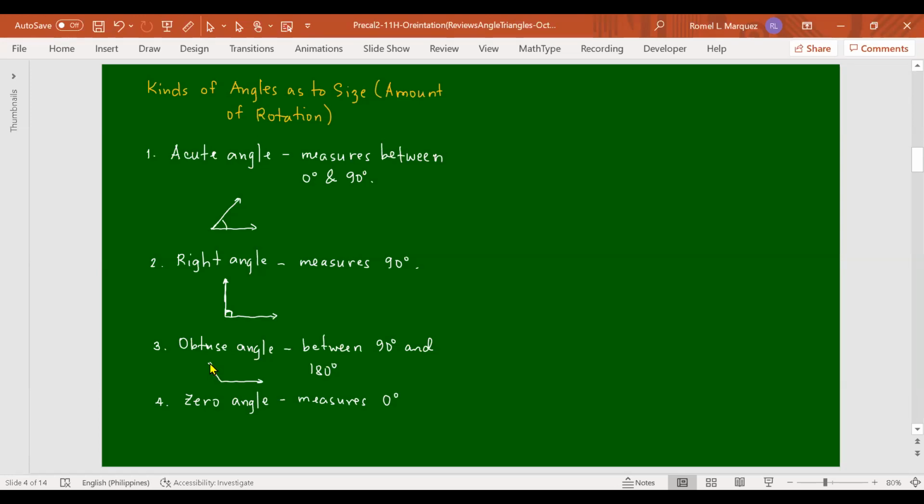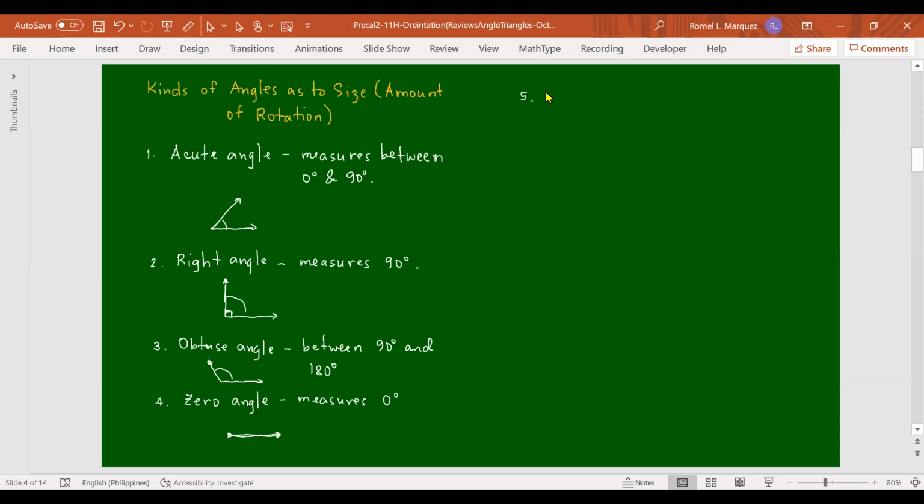So this is the obtuse angle, and we measure it here. Then zero angle, we have this. So this side does not move. Of course, in elementary, we don't talk of this, no? So they just talk about acute, right, and obtuse. So we have levels of understanding.